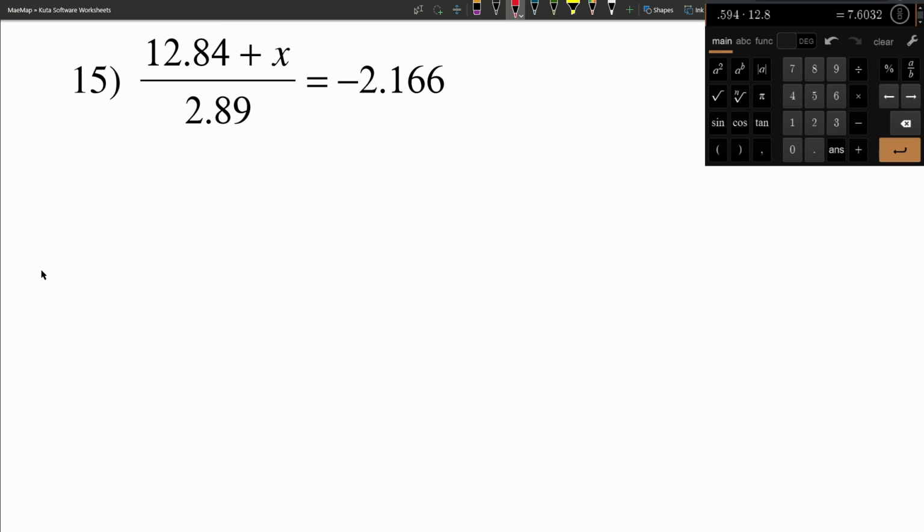Number 15, our variable is back in a numerator, but it's added with the term before the division. So remembering those parentheses around our numerator, we're going to start by multiplying by the value of the denominator, which is 2.89.